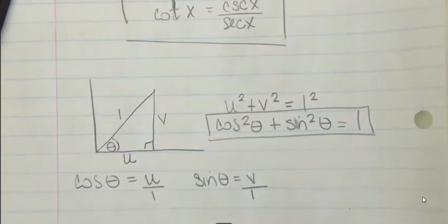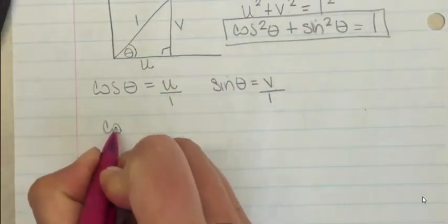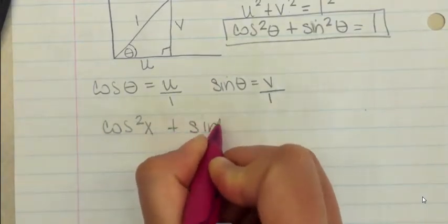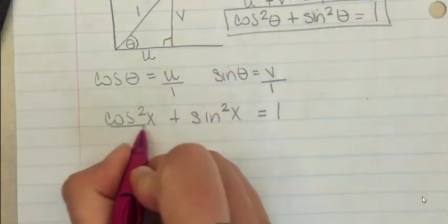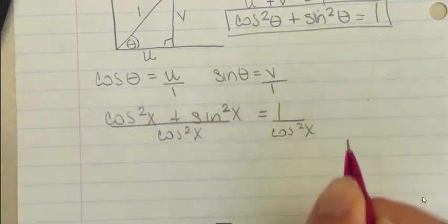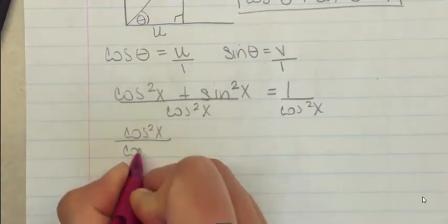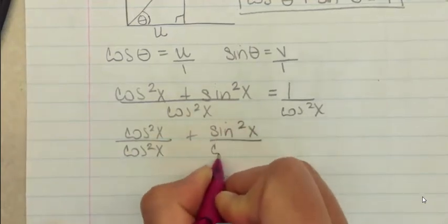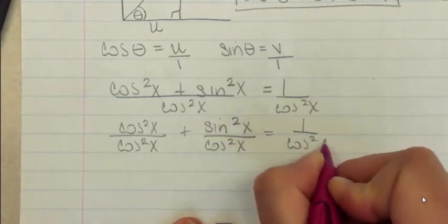And then you did something similar to this in your exploration, where we basically took that Pythagorean identity, I'll use x this time, and we divided everything, both sides, by cosine squared. And when you do that, you end up with cosine squared x over cosine squared x plus sine squared x over cosine squared x equals 1 over cosine squared x.